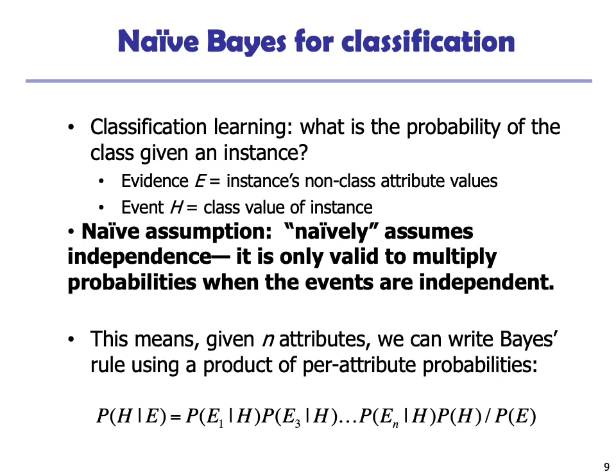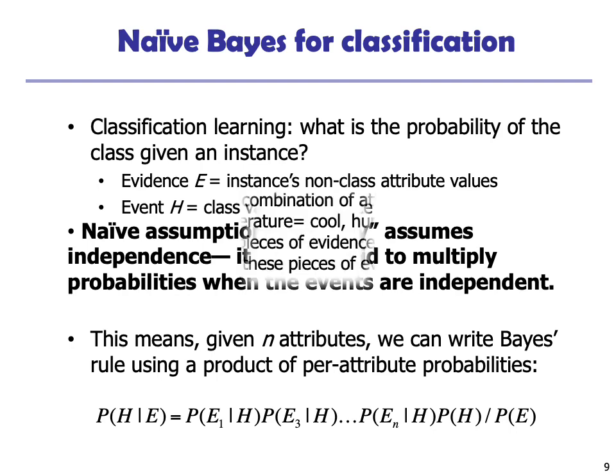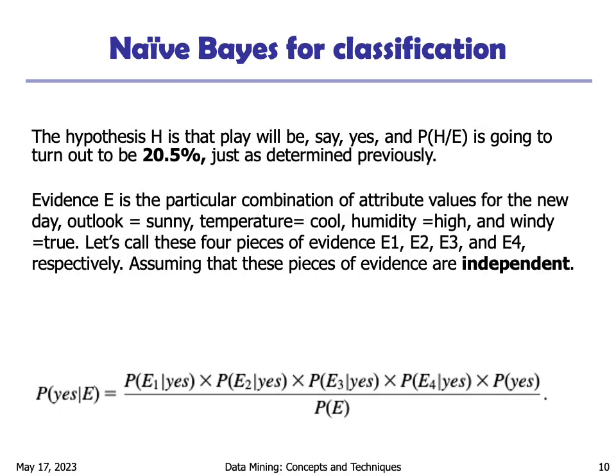So now we know why we call it a naive Bayes algorithm. Bayes because it's based on the Bayes rule, okay? And naive because it makes that naive assumption that the attributes are independent, okay? So naive Bayes makes a naive assumption. So look at what we just did, which is calculating the probability of yes given an evidence, and the evidence was that new day.